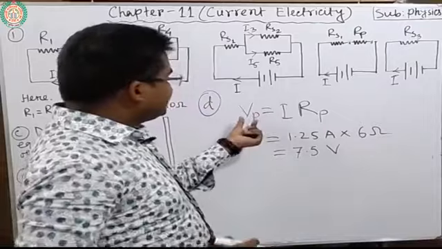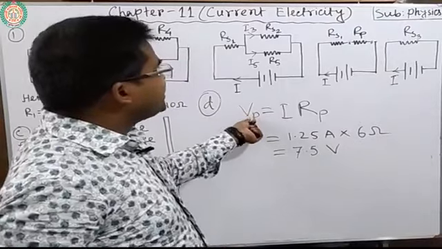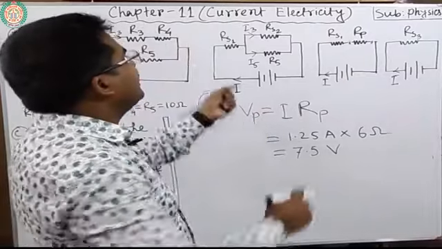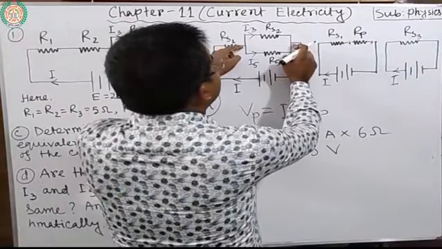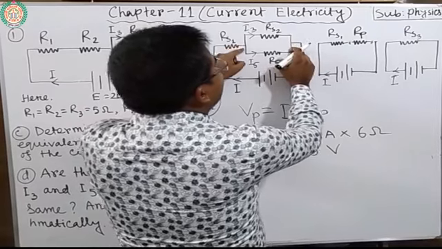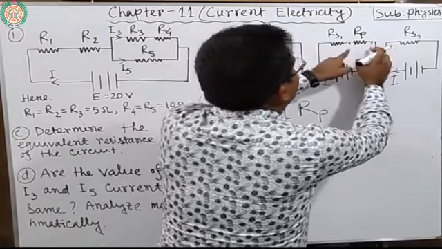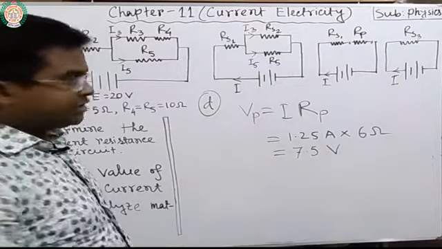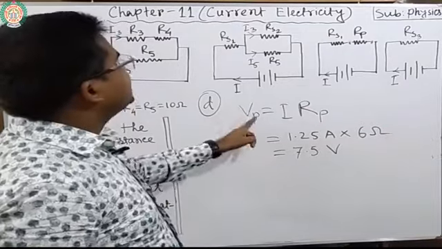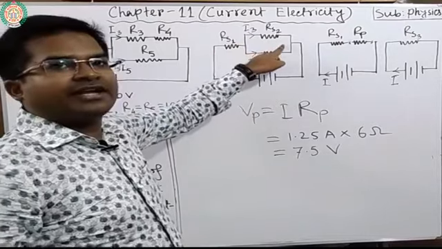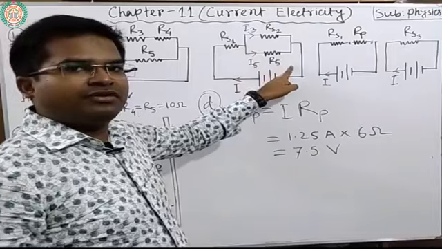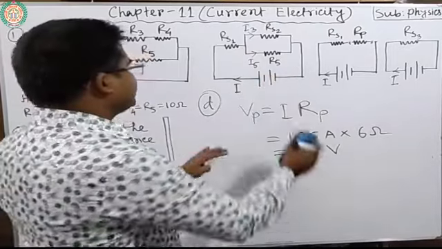So as Vp is the voltage difference between two terminals of RP resistance, this Vp will be the voltage difference between these two terminals, because these two terminals mean the same. So dear students, now we can write Vp is equal to I3 RS2 and Vp is equal to I5 R5. Okay, so let's have a look.